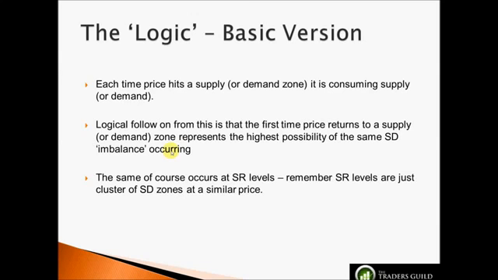So you can figure out where clusters of stops are placed and where clusters of certain types of orders are placed. You can use that to your advantage because you know the effects of the order flow within these order concentrations, and you know how price will move there, and therefore you know where liquidity is likely to be concentrated.